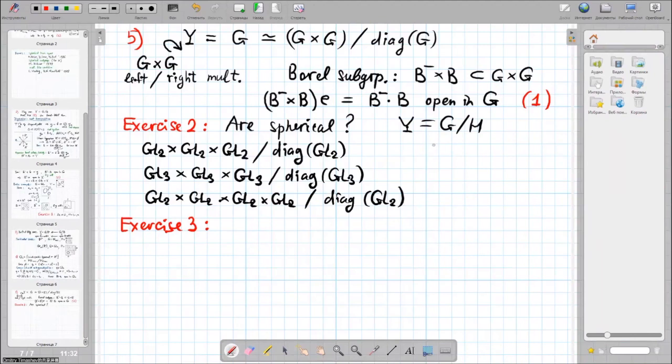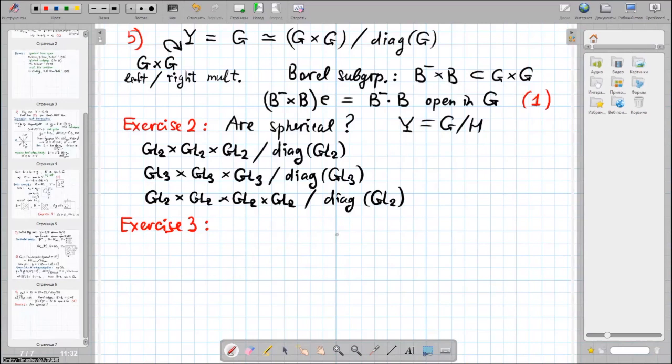Yes, it is the space of cosets. You may consider these homogeneous spaces as spaces of left cosets. Okay, so G x on the left. Well, the third exercise is the following one.